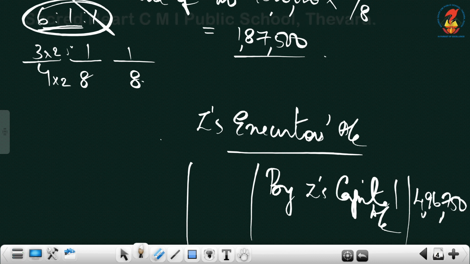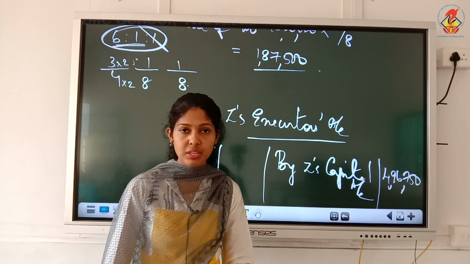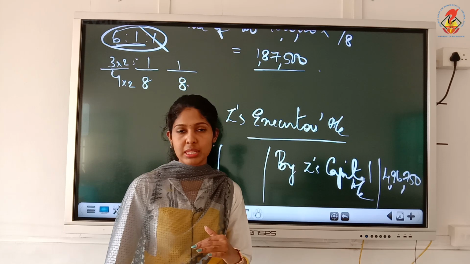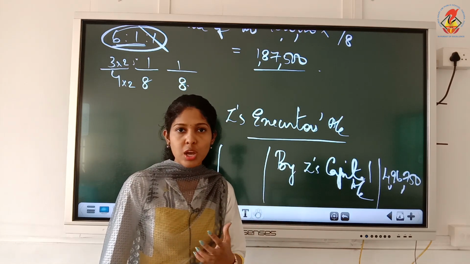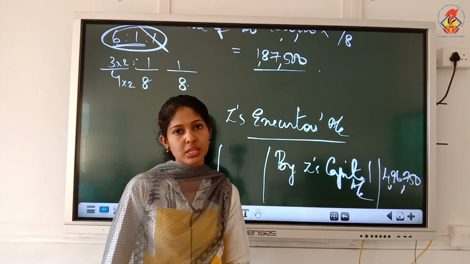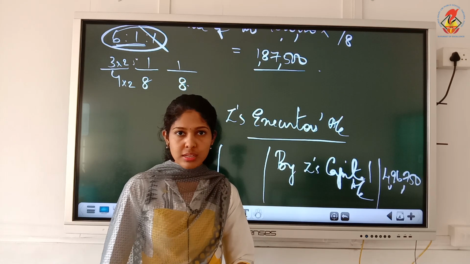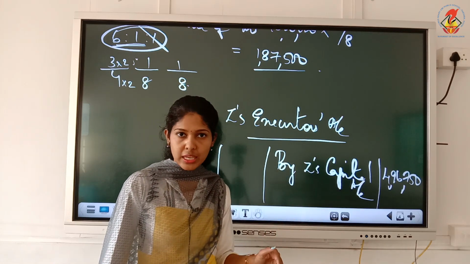Should we provide interest? Usually yes, but in this question nothing is mentioned regarding the rate of interest. So we need not post all those things. I mean like by interest or to bank, the settlement entry, all these will come in executors account. But in this question, since nothing is mentioned regarding the interest rate and all, you can just close this account.